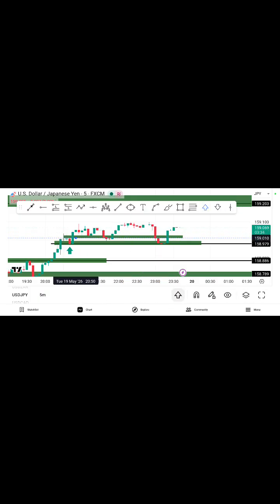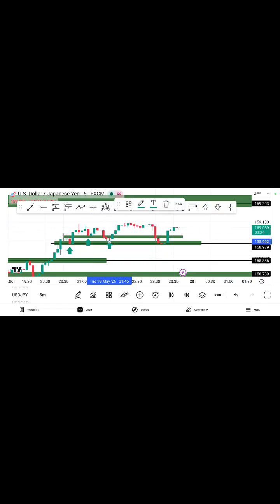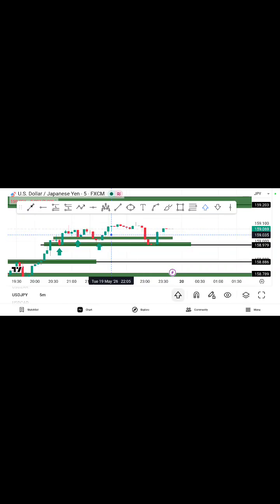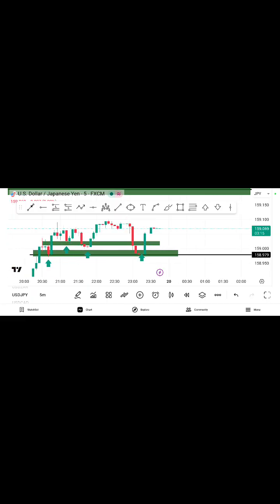Since this is a high, boom, fine, we entered. The market pushed to the upside, came back, retested, entered the second trade. The market pushed to the upside, and then boom, that trade, right? Currently, the market is pushing up.